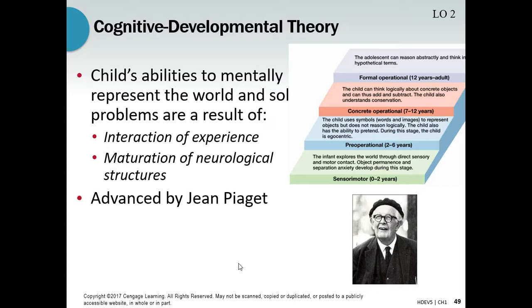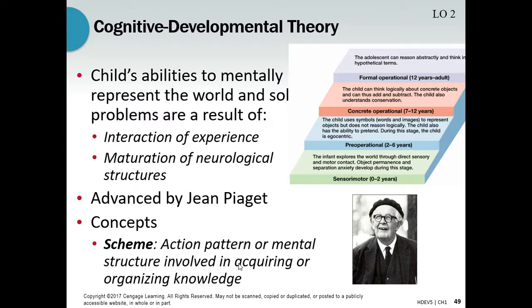Well, Piaget comes around, and he's the first researcher to really start to say a 2-year-old does not have the mental capacity to think like a 6-year-old, to think like a 12-year-old, and certainly not like an adult. And we're going to go over these concepts over and over again, especially as we go through the different stages in life.